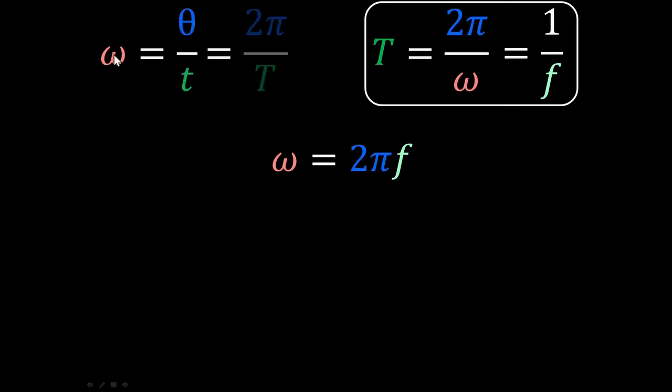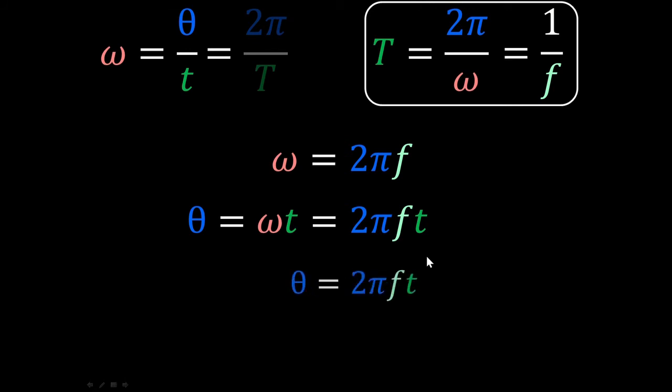If I look at this piece of it here, we can see that we can find the angle by taking the angular velocity times time. So the angle is angular velocity times time, or 2 pi f times the time. Okay, so we're getting to have a few more variables we got to keep track of here. But the angle that we've moved through is 2 pi times the frequency times the time.